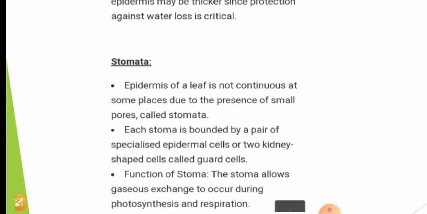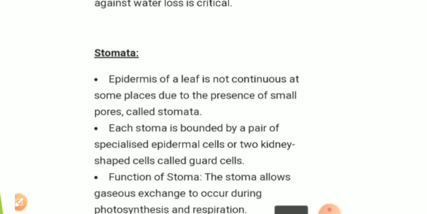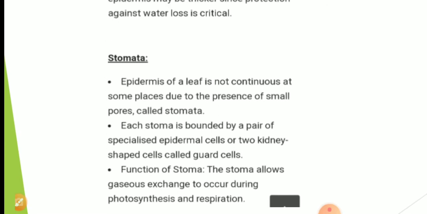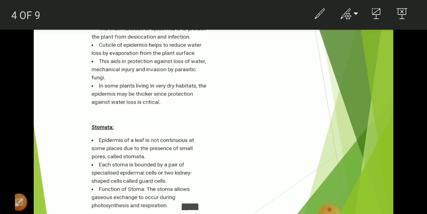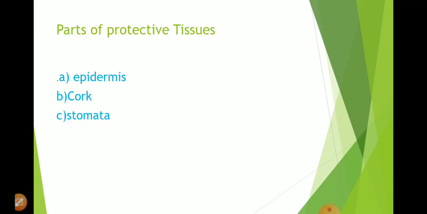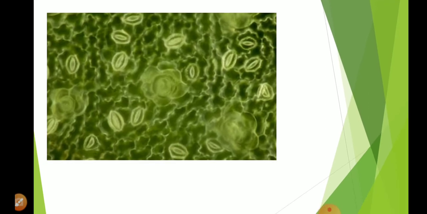So stomata especially have three parts. Number one is the guard cell. Guard cells are kidney shaped or bean shaped structures, two guard cells are there.